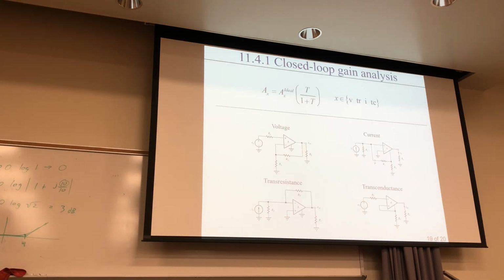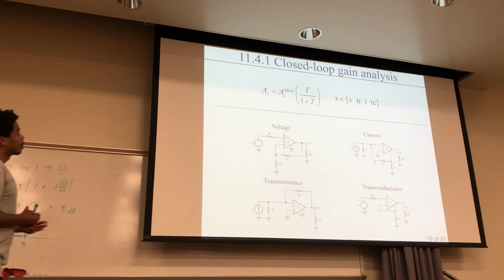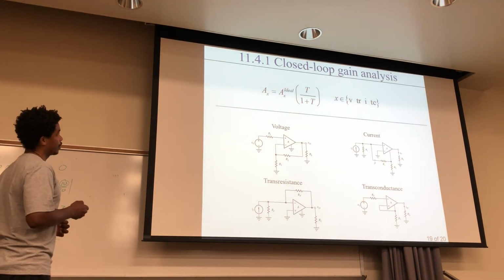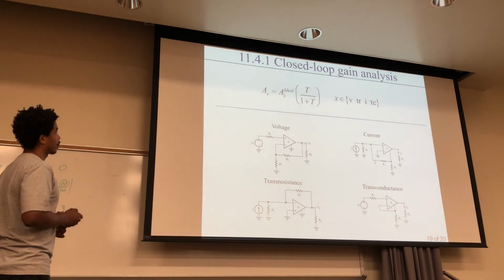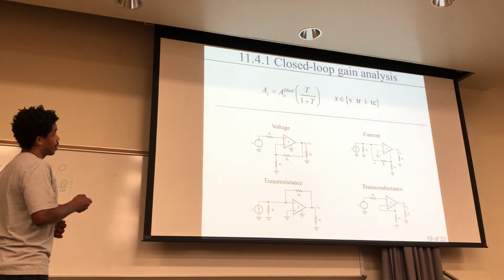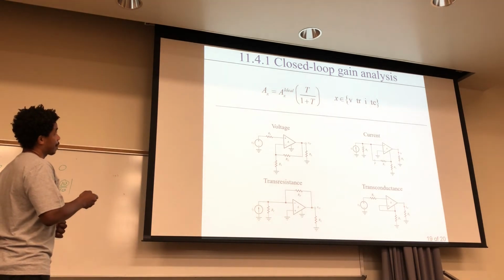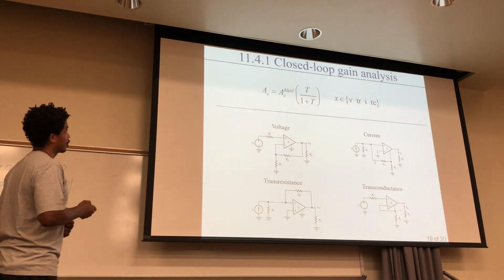Okay, so for this closed loop analysis, here's one way to overall look at the gain. As you can see, it's a function of this loop gain T. So you have the amplitude of the ideal situation.